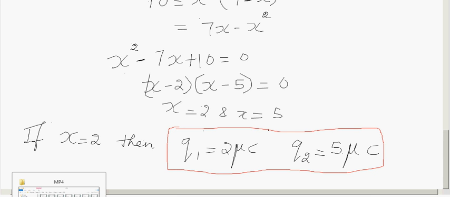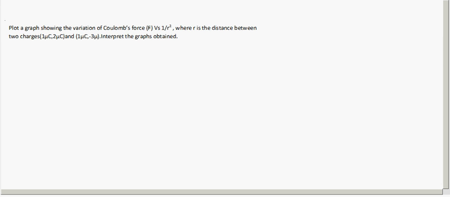Next we will take another problem. Plot a graph showing the variation of Coulomb's force F versus 1 by r square, where r is the distance between two charges, 1 microcoulomb, 2 microcoulomb and 1 microcoulomb, minus 3 microcoulomb.